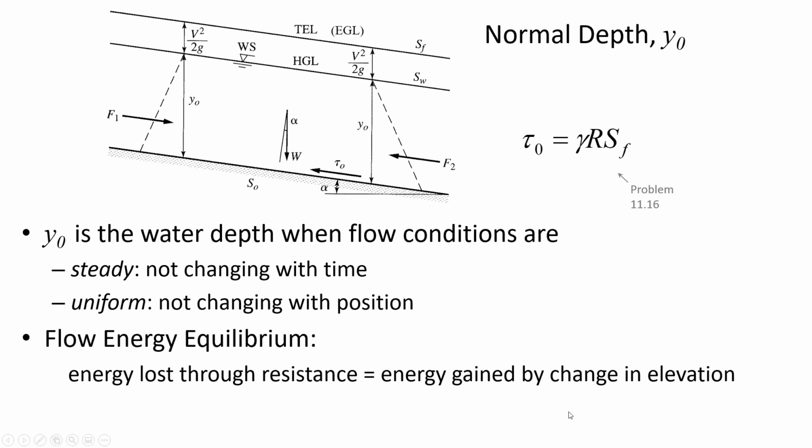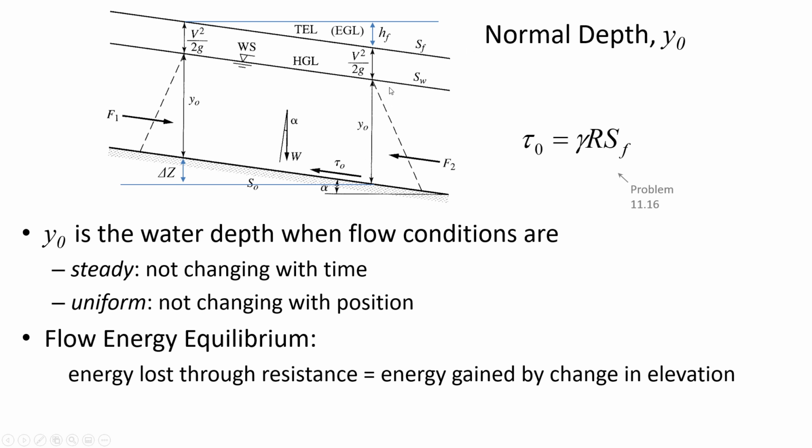And so the energy gain from a change of elevation is the same as the energy loss due to resistance. In the previous part of the course, we would have called that the energy loss due to pipe friction. Here it's not a pipe, it's just friction with the channel.